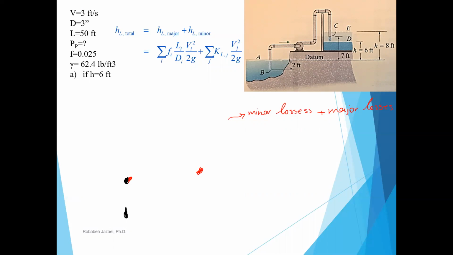So what we need to do is write Bernoulli's equation as usual between 2 points. What is the best point to write Bernoulli's equation? Correct. Between A and C, we can write Bernoulli's equation because they are open to atmosphere and velocity at A is 0. Let's assume the datum is right here.